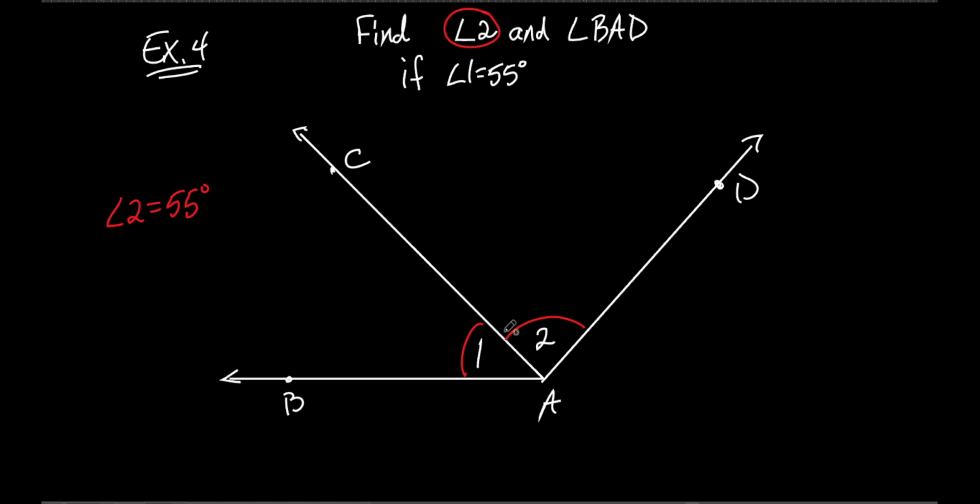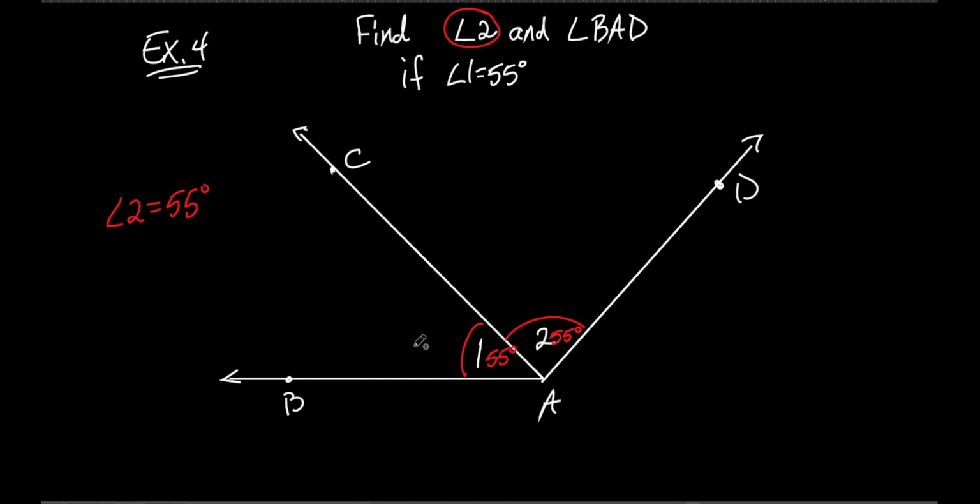Now, where's angle BAD? BAD, the whole thing. Good. Okay, that whole entire thing. So if this is 55 degrees and this is 55 degrees, it's really not much more difficult to find the whole big angle, is it? Yeah, I mean, it's a little bit, but not much. So what do I do to find the whole big angle?